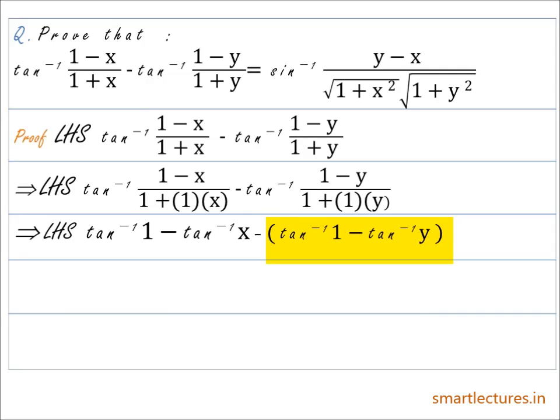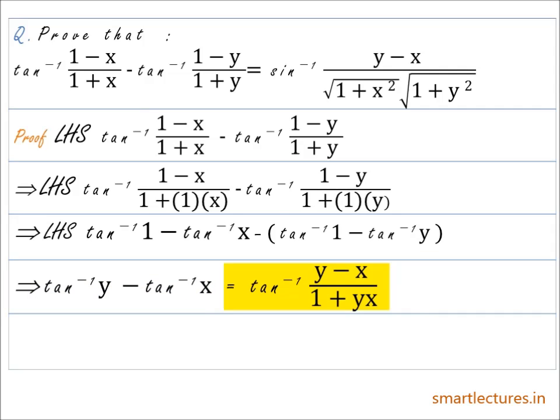Now the left hand side becomes tan inverse 1 minus tan inverse x minus tan inverse 1 minus tan inverse y, and which is equal to tan inverse y minus tan inverse x. And tan inverse y minus tan inverse x is equal to tan inverse y minus x upon 1 plus yx. So finally our left hand side becomes tan inverse y minus x upon 1 plus yx.